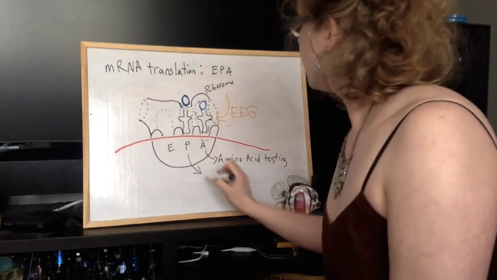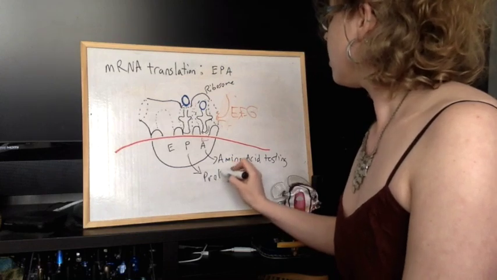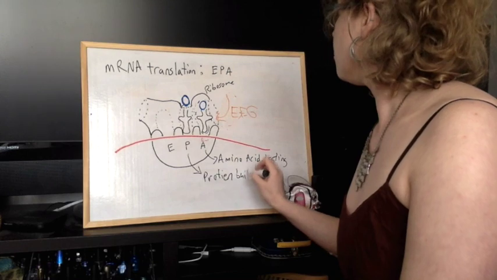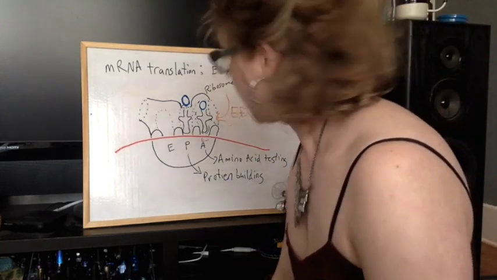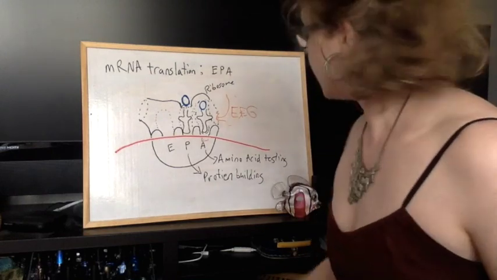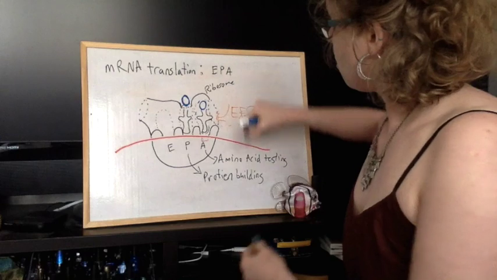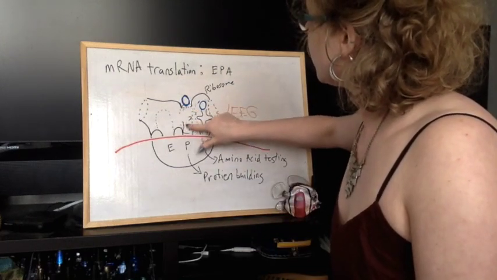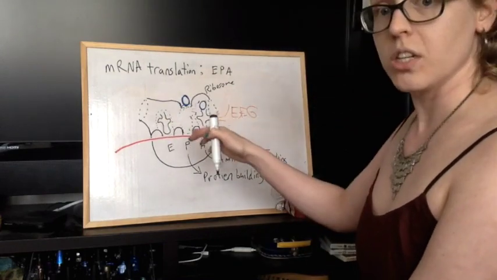This is the P for protein building. As we can see, when this is correct, our EFG is going to push all of these forward. This guy is just going to scooch on without its amino acid.